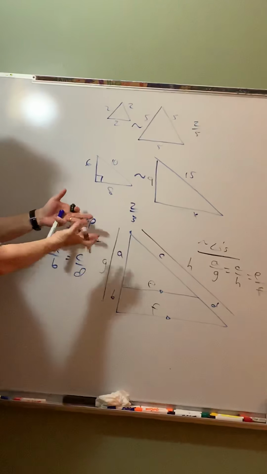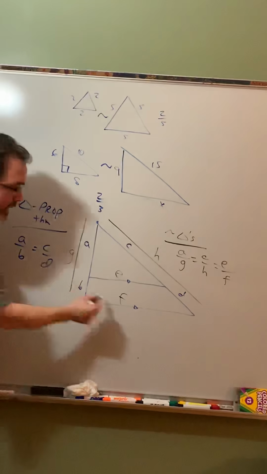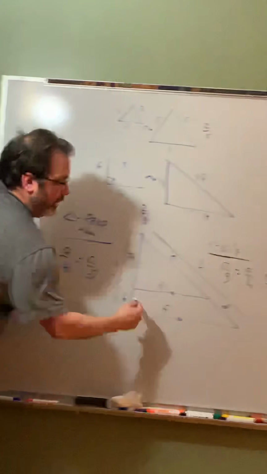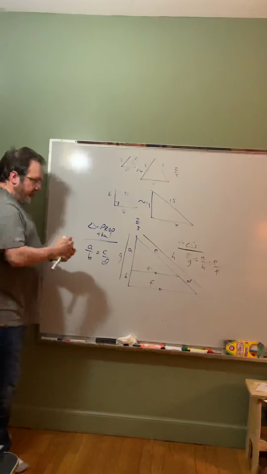As soon as this happens, inevitably they're going to take B and D and start matching it up with E and F. And I try to get them to understand that that's the only thing that doesn't work.